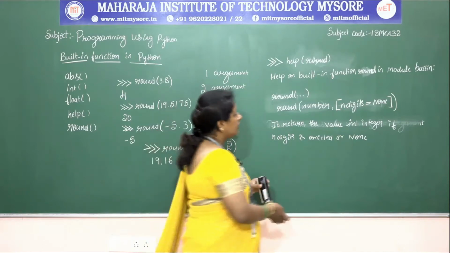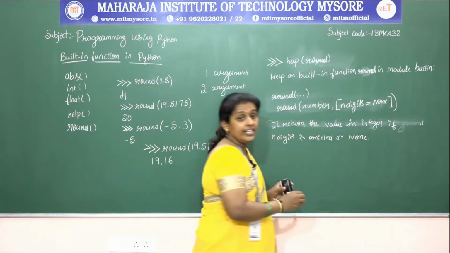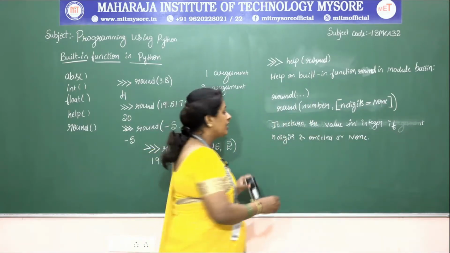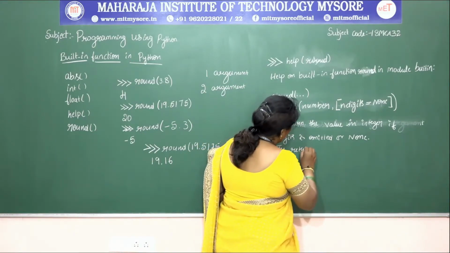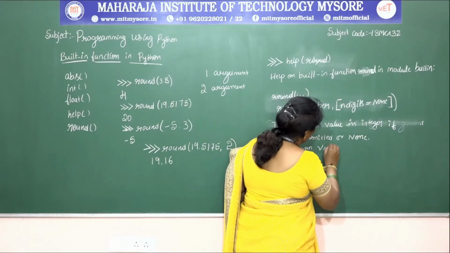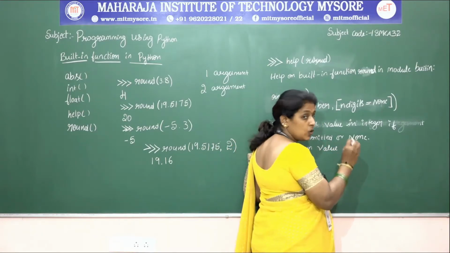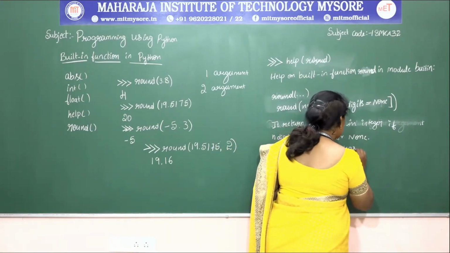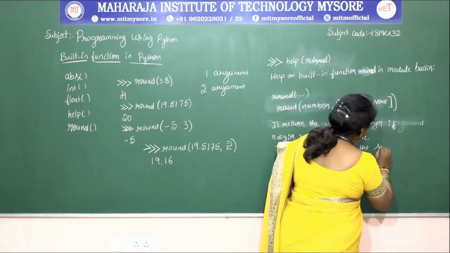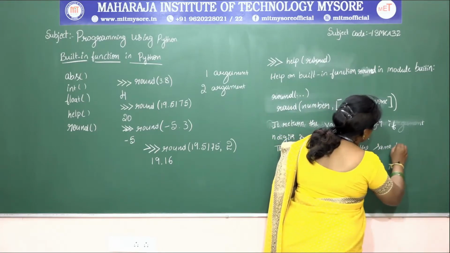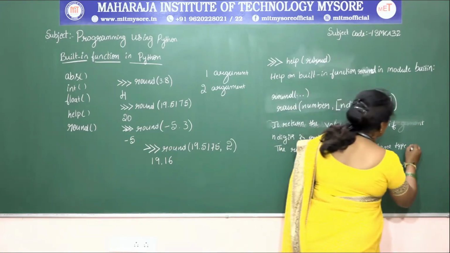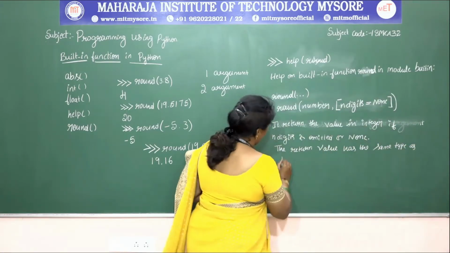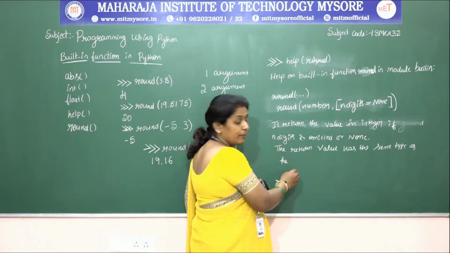Then when n digits is specified, the return value has the same type as the number.